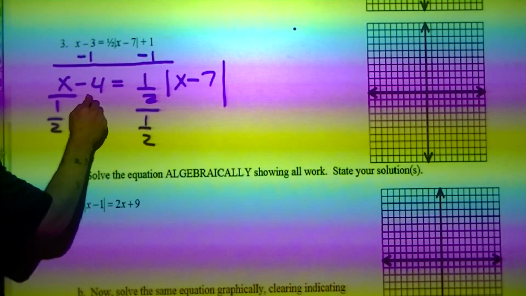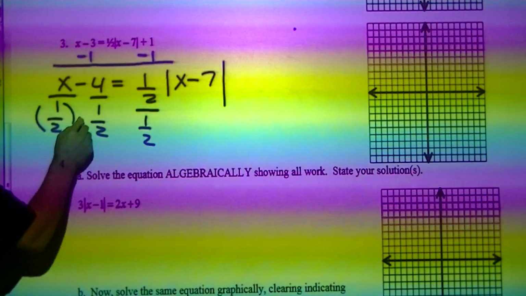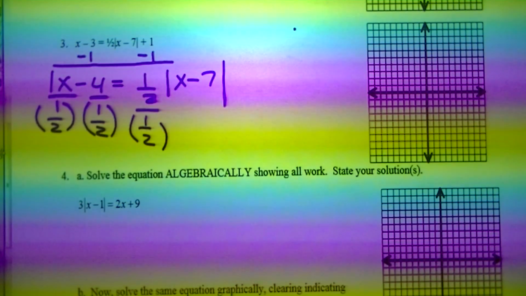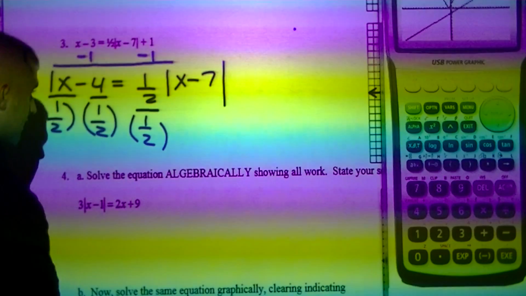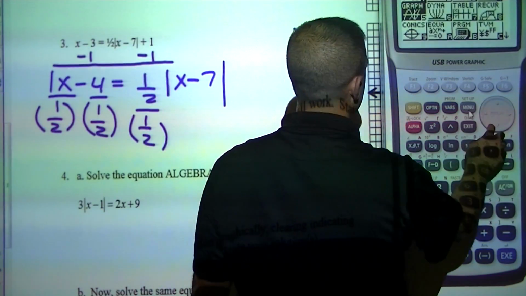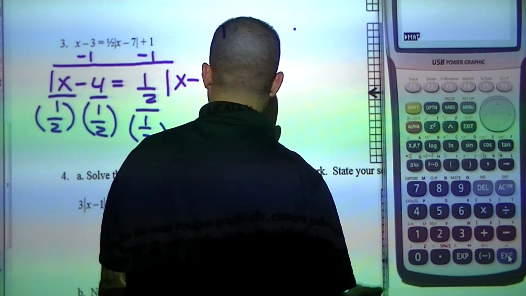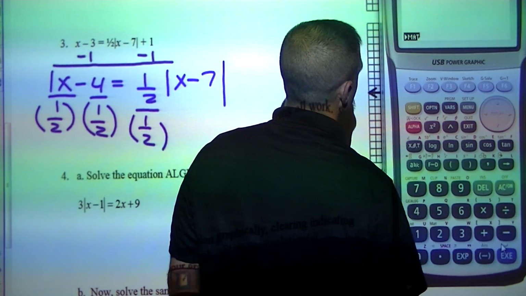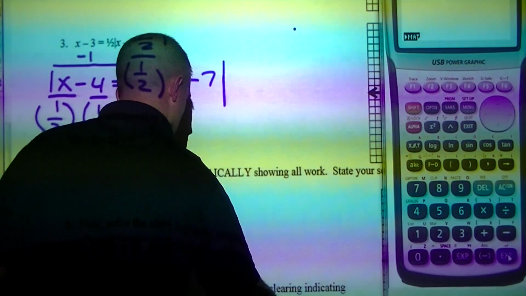I don't put parentheses around my fraction. There's a 1 there. If you need to, go back to menu in your calculator and do some basic math. 1 divided by 1/2 would give me 2. So that's going to be 2x.